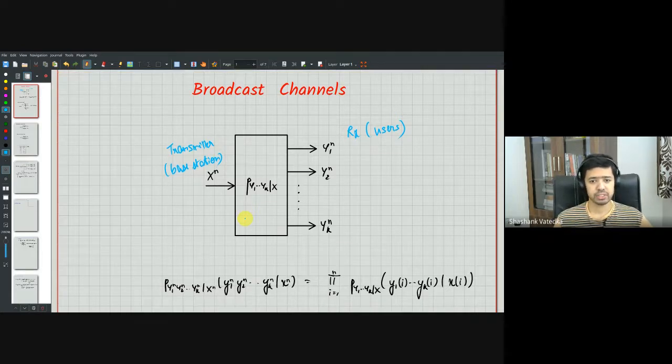So this is the general setup of a broadcast channel, and as we did in the multiple access channel, our goal will be to find out what throughputs are achievable when a single transmitter wants to talk to multiple receivers. That's going to be the agenda for the next few classes. We'll discuss broadcast channels in some detail.